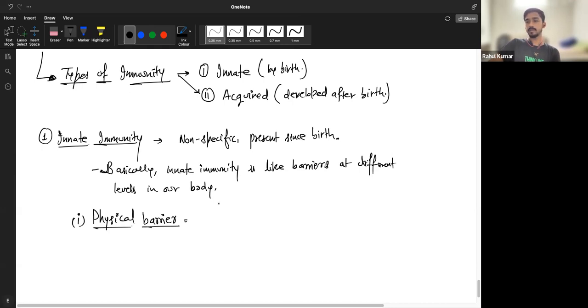So what comes in physical barrier? Write down: skin on our body is the first barrier that prevents entry of microorganisms.